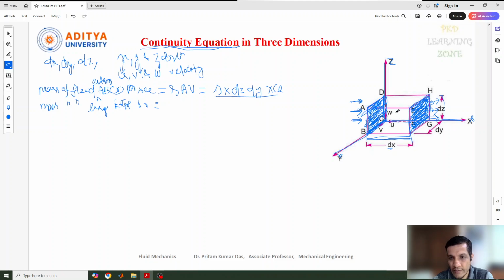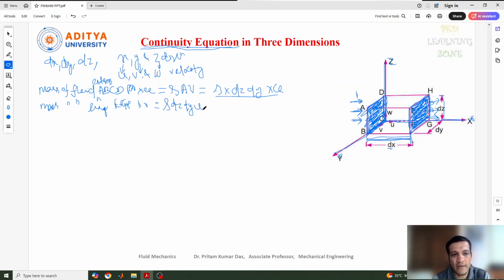Along with this mass flow rate, the same mass flow rate is crossing this total distance. So there will be a change. That we can write in terms of rho, dz and dy and u. This is the mass flow rate which is entering at this ABCD.